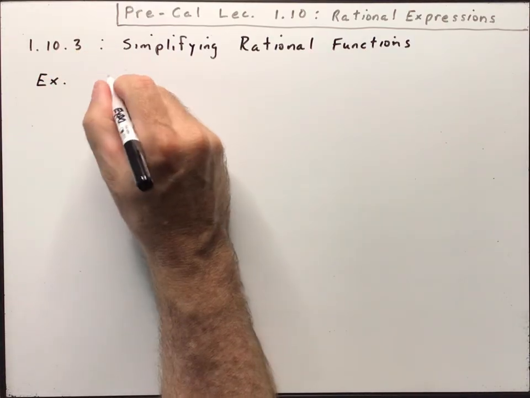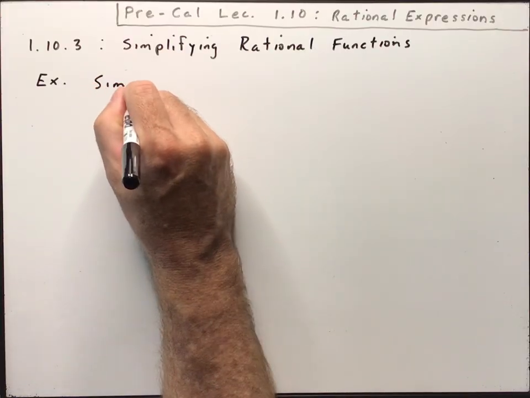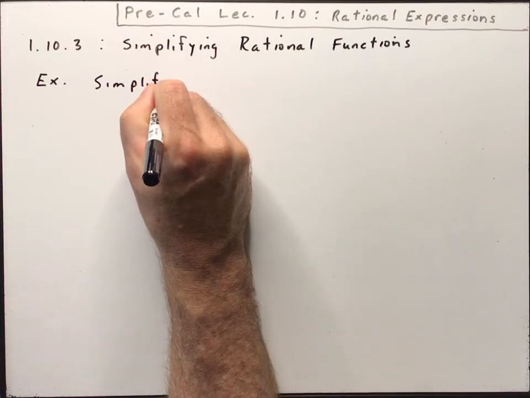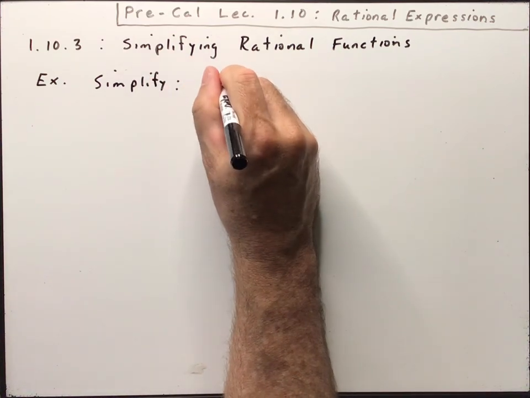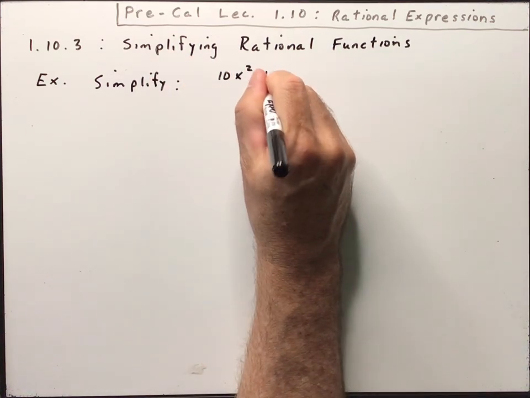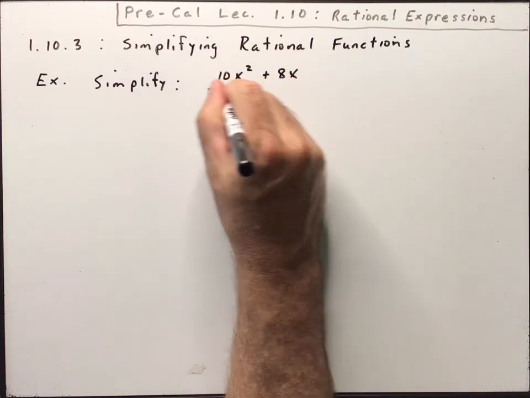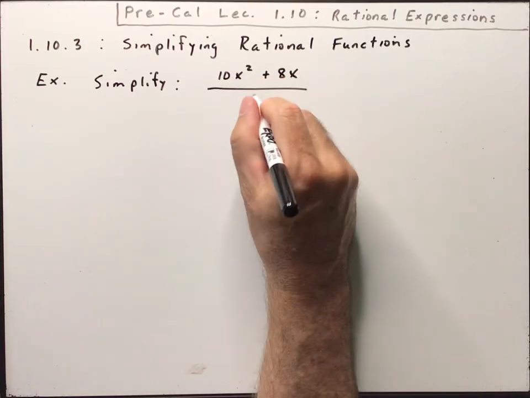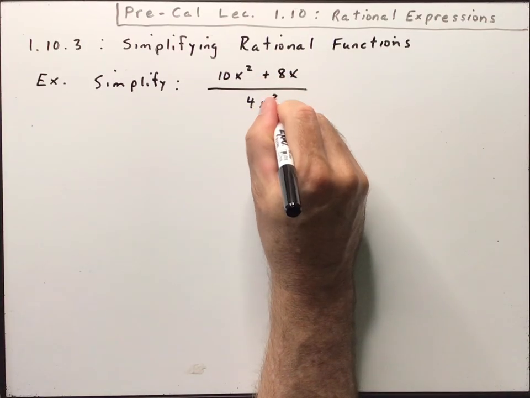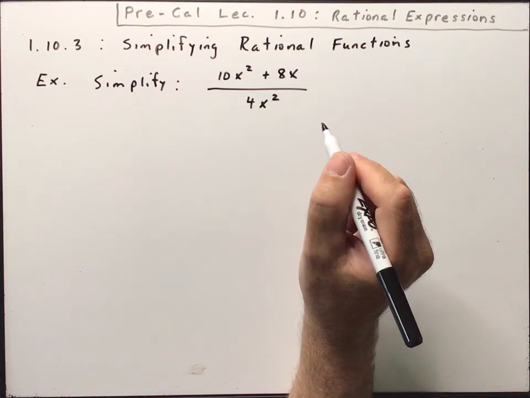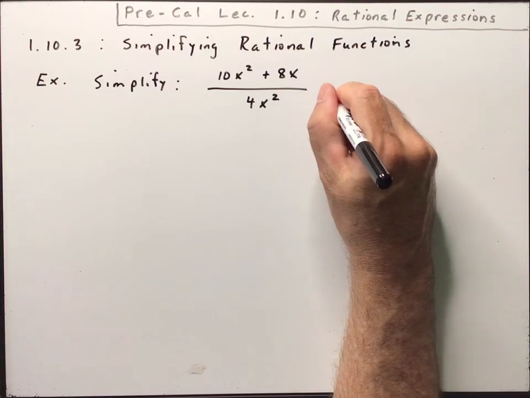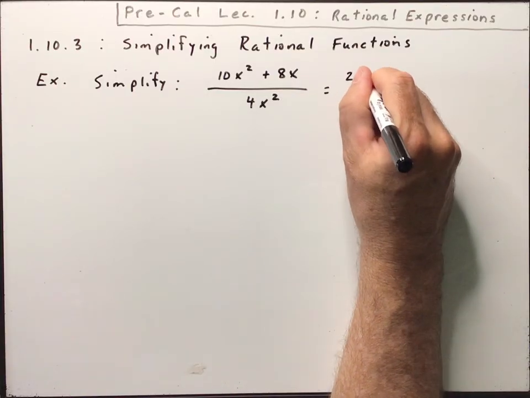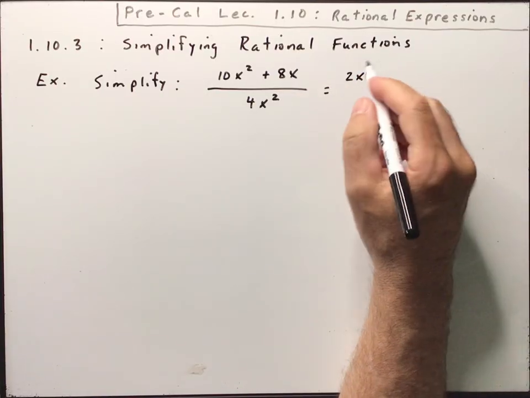All right, our next example, we want to simplify (10x squared plus 8x) over 4x squared. Okay, so what can I factor out of the top? I think I could factor out a 2x. That'd be our GCF.